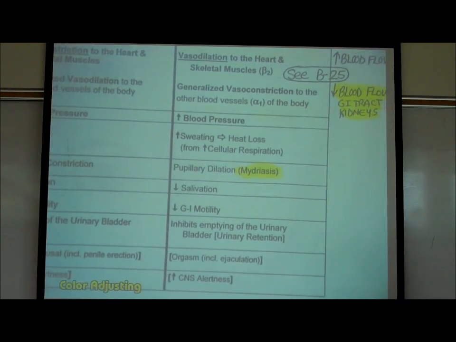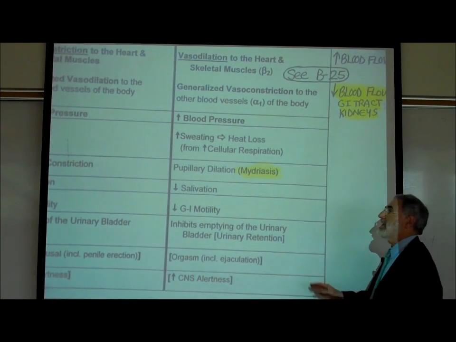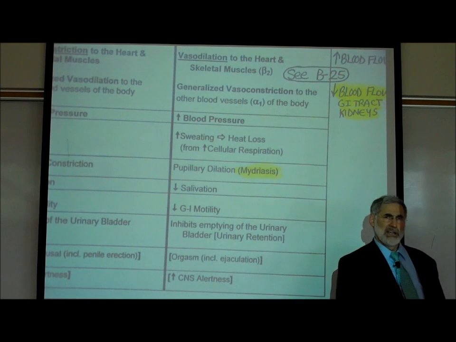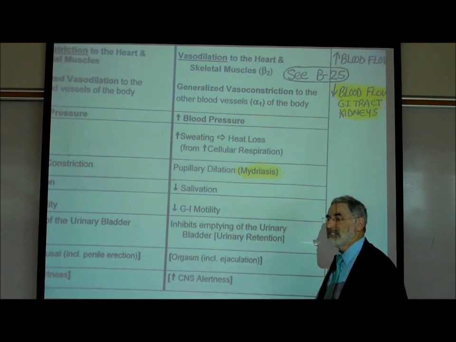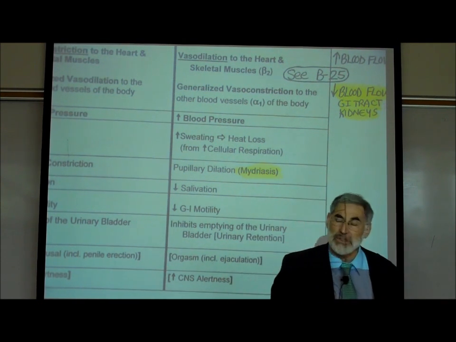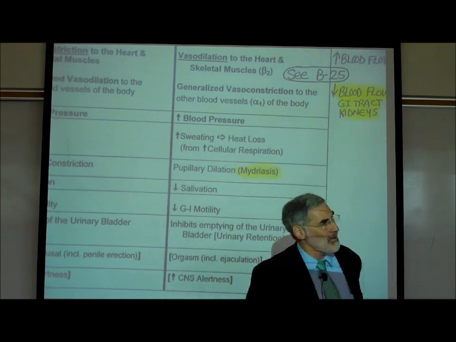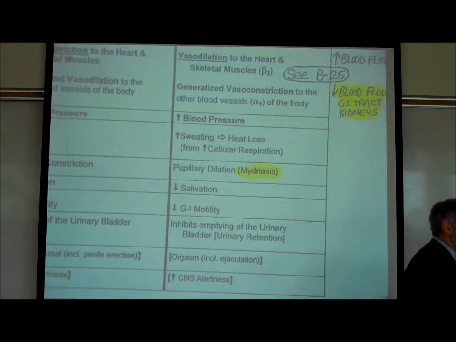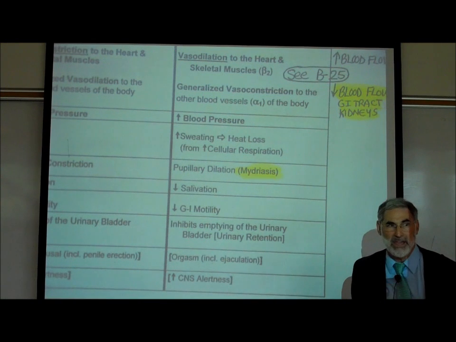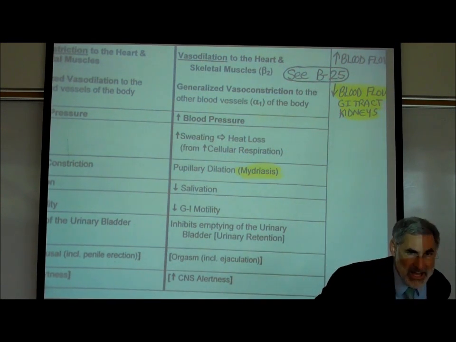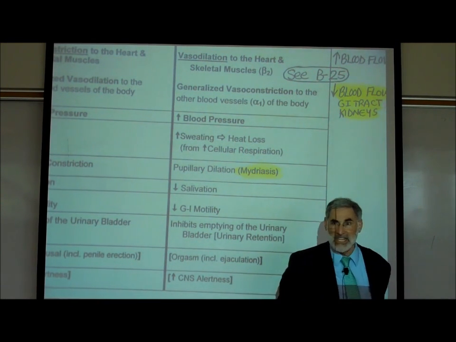Now, another thing your sympathetics do, they innervate your sweat glands and cause increased sweating. Our first thought is, why does that happen? Well, since a stress state is associated with increased cellular respiration, didn't we learn back in section B that when you break apart sugars to make ATP, more than half of the energy, 60%, goes off as heat?